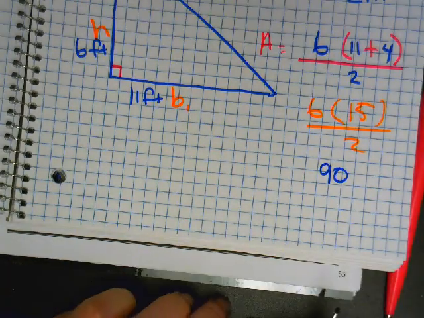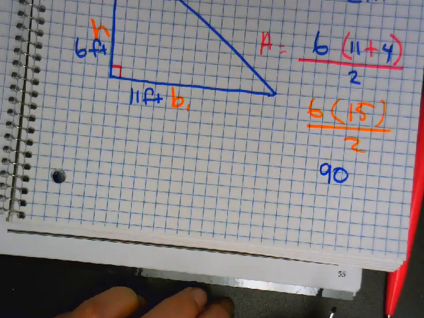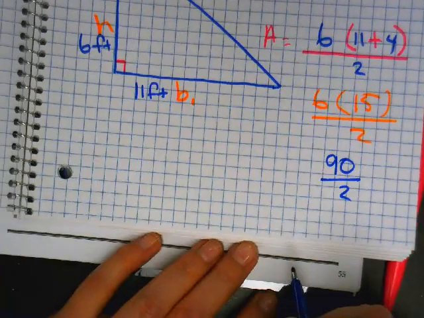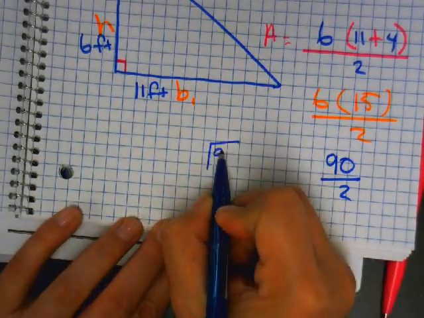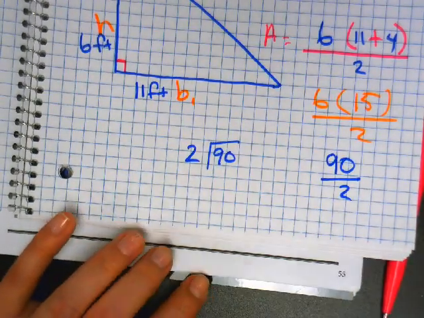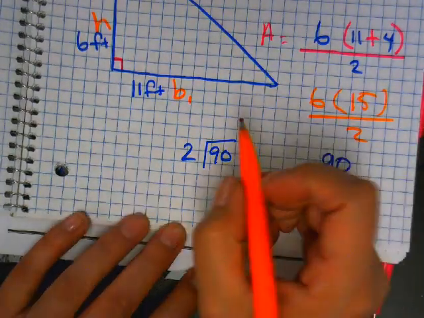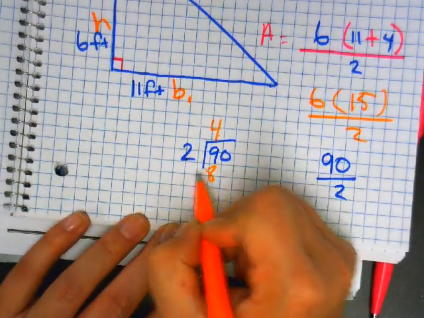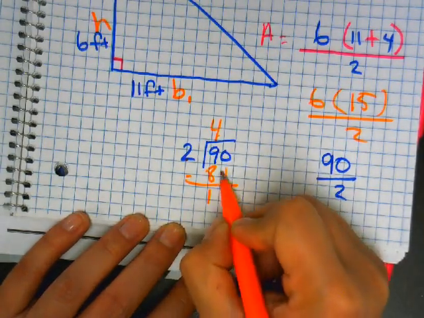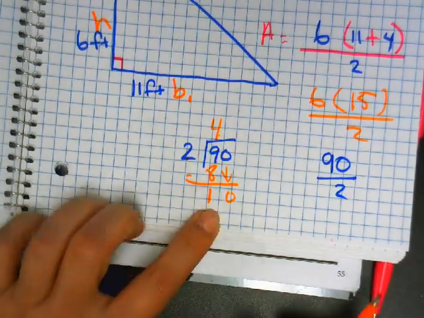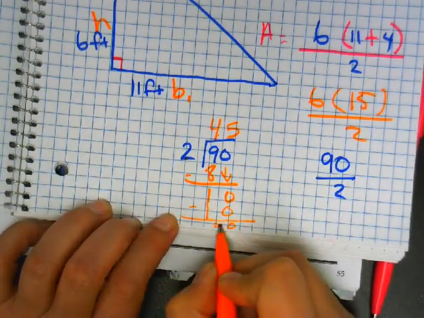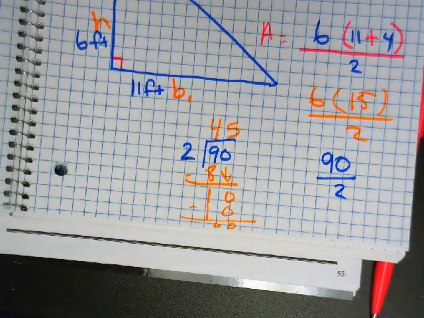3 times 15. All right, divided by 2. Miss O'Malley, I don't know how to divide. All right, well, we're going to practice together because not every time you'll have the availability of a calculator. 4 times 2 is 8. 30. Remainder 1. Bring down the 0. 2 goes into 10. 5 times. That's how we show long division. I know some of you can do it in your head, like you know what 90 divided by 2 is.